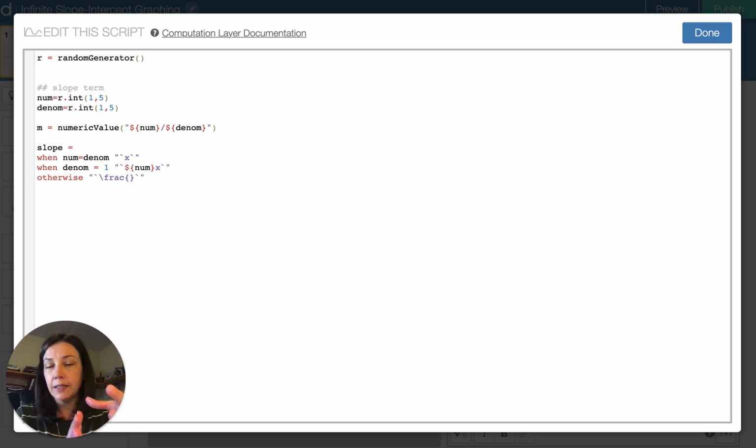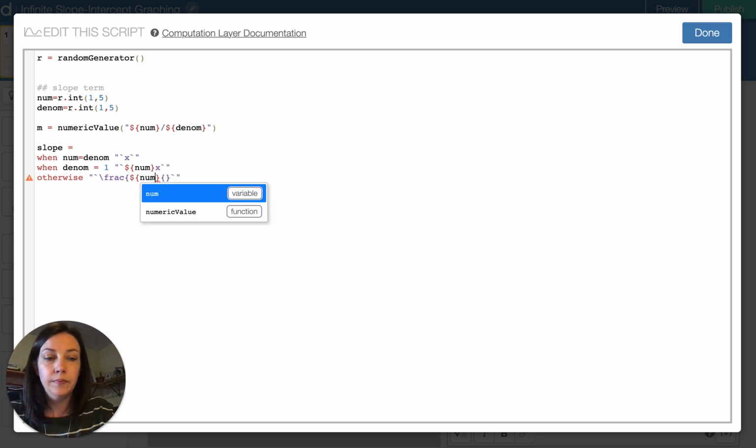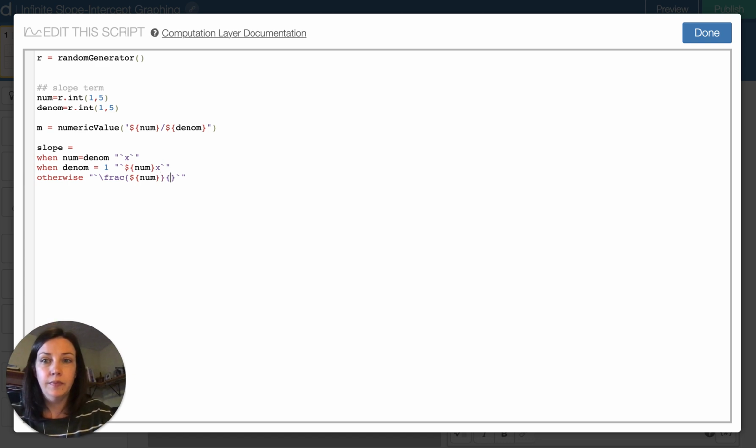The curly brackets will contain the numerator, then the next set of curly brackets will contain what you want in the denominator of your fraction. So in the numerator, I want the weird notation numerator. In this set of brackets, the weird notation of the denominator. Okay, that takes care of my slope term. Everyone will live. Let's move on to the y-intercept.